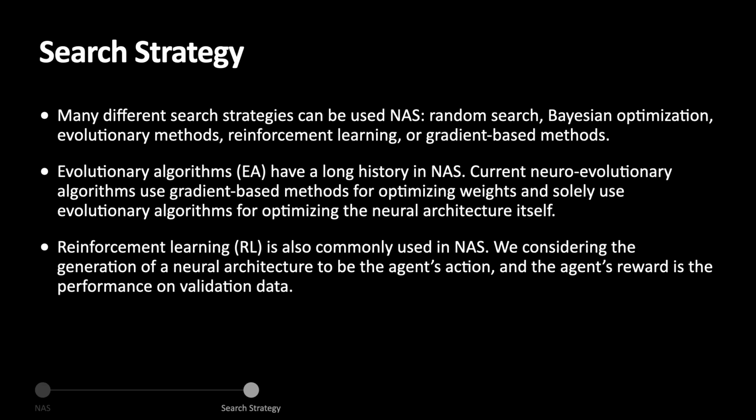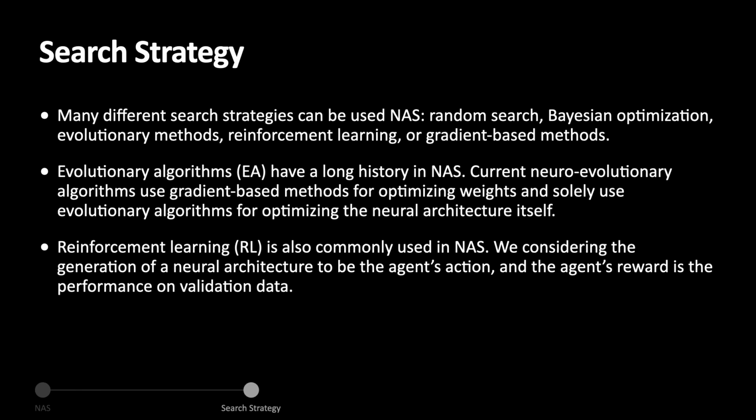Many different search strategies can be used, including random search, Bayesian optimization, evolutionary methods, reinforcement learning (RL), or gradient-based methods. Evolutionary algorithms have a long history in NAS. Many neural evolutionary approaches use genetic algorithms to optimize both the neural architecture and its weights.